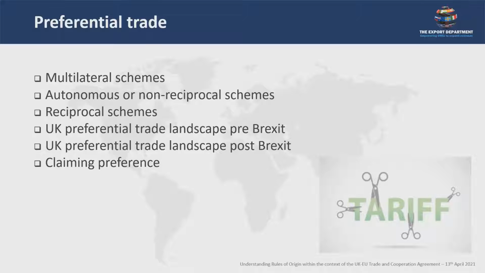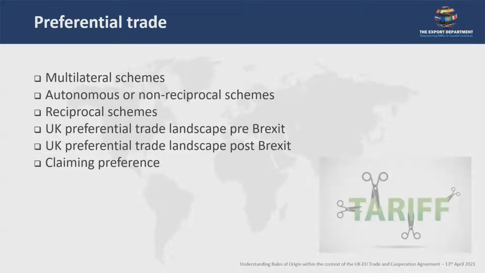So that's our multilateral agreements, but then we've also got what we call our autonomous or non-reciprocal agreements, and I'm referring to the generalized system of preference, or some of you might be familiar with GSP when you hear us talking about GSP nations. So we were party to the EU GSP scheme, and now we've come out of that and we've launched our own UK GSP scheme. So in essence, it's exactly the same.